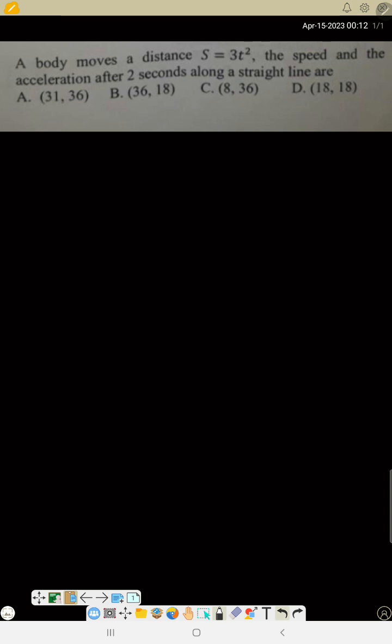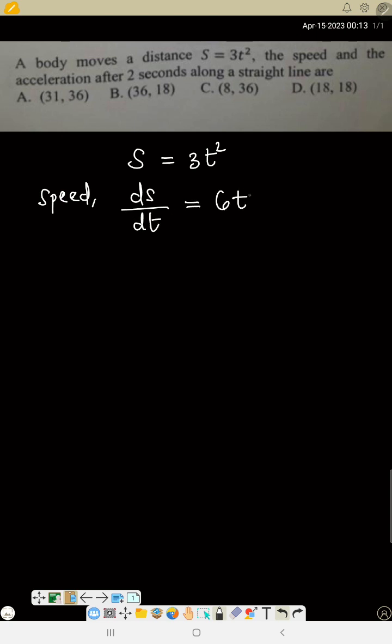A body moves a distance s equals 3t². The speed and the acceleration after 2 seconds along a straight line are, so now speed will be equal to ds over dt. So what is ds/dt?